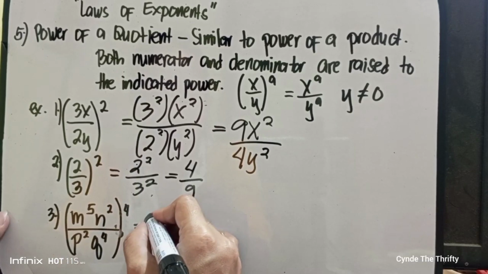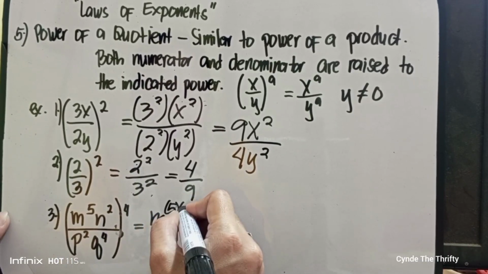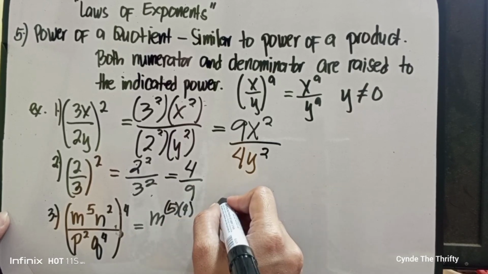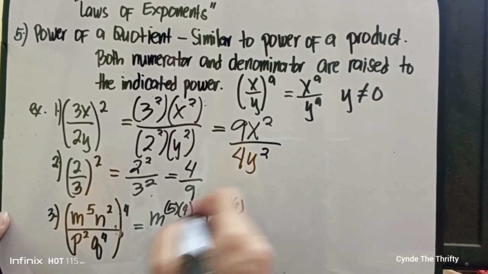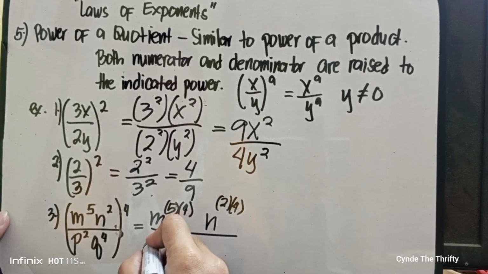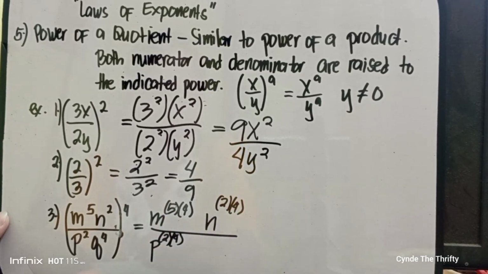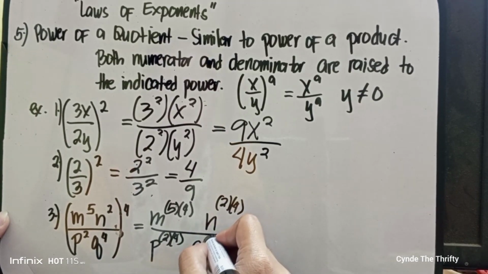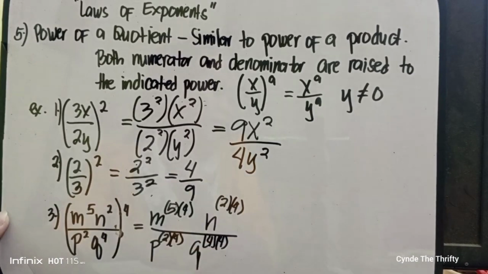So that is m, 5 multiplied by 4, and then n, 2 multiplied by 4, over p, 2 multiplied by 4, and then q, 4 multiplied by 4. Ayan.